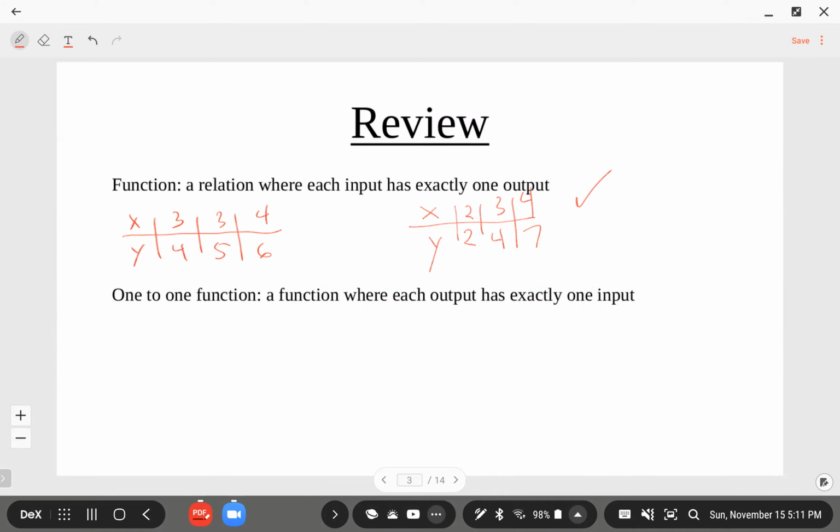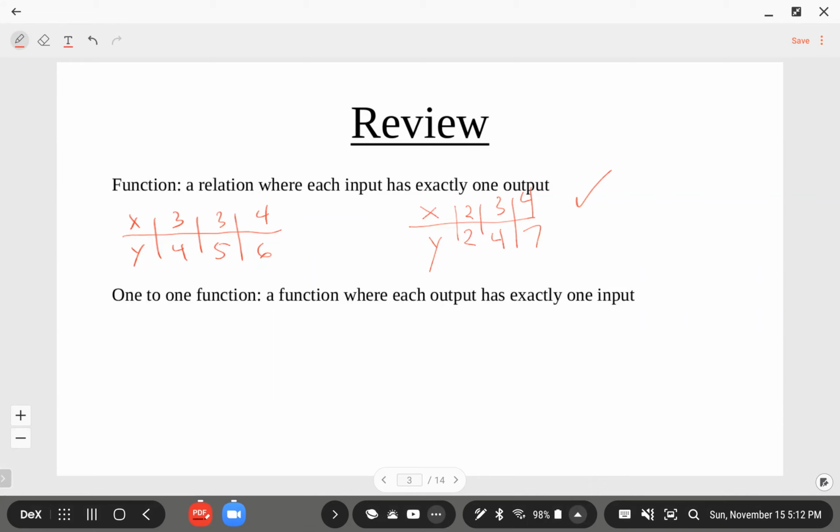Now, if 2 maps to 2 as well as 2 maps to 4, then the input 2 maps to 2 outputs, and that is not a function. But where each input maps to only one output, this is a function.